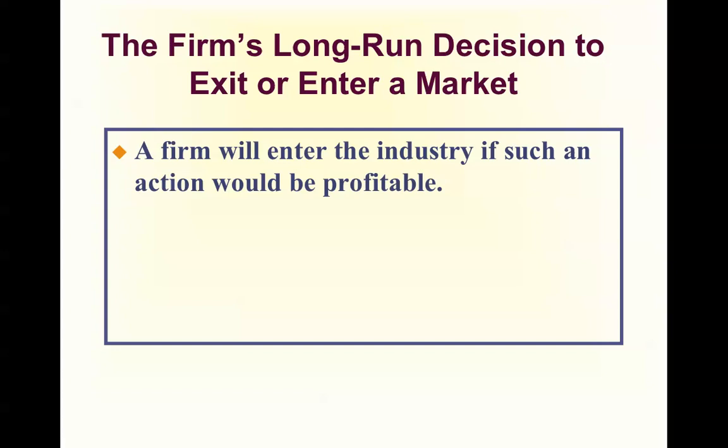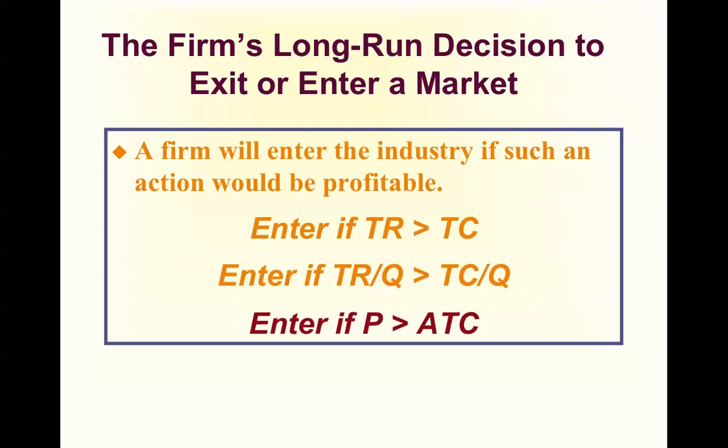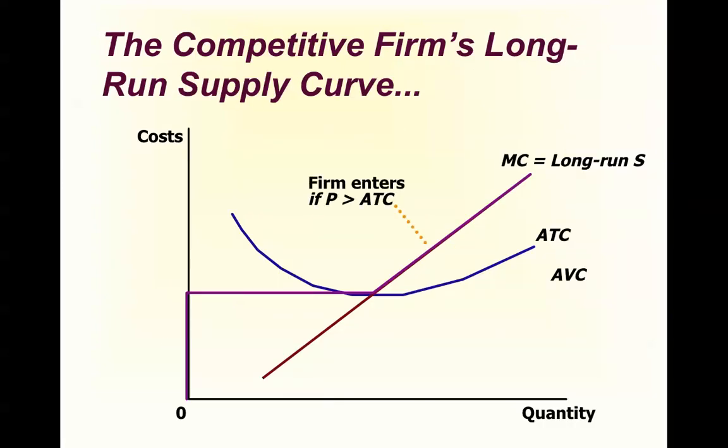And the other way around, a firm will enter the industry if total revenue is greater than cost, divide by Q, enter if price is greater than average total cost. On the graph, the competitive firm's long-run supply curve: firm enters if price is greater than ATC, firm exits if price is less than ATC.